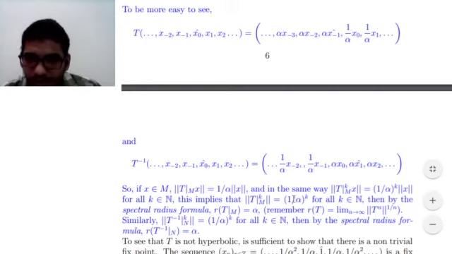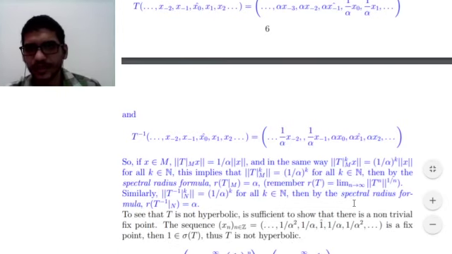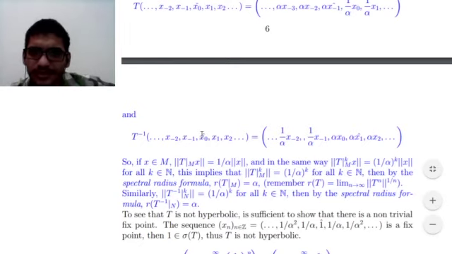Oh, I make a mistake here. It is 1 over alpha, that is less than 1. We need less than 1, so 1 over alpha is less than 1. Similarly, you make the same thing, and you can compute. Look at this.